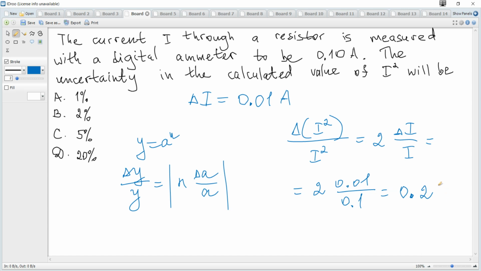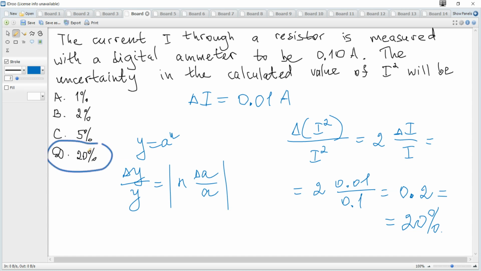Or if we multiply by 100%, it's 20%. And we can see the percentage uncertainty is required, so it's 20%, and it's the required answer.